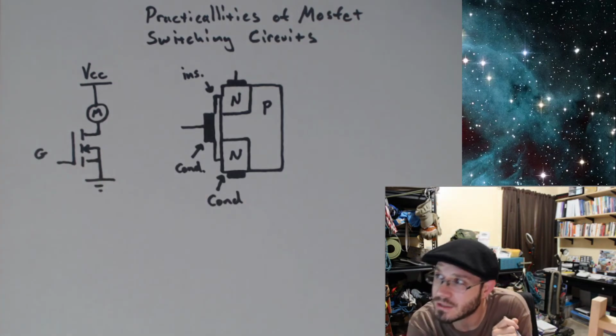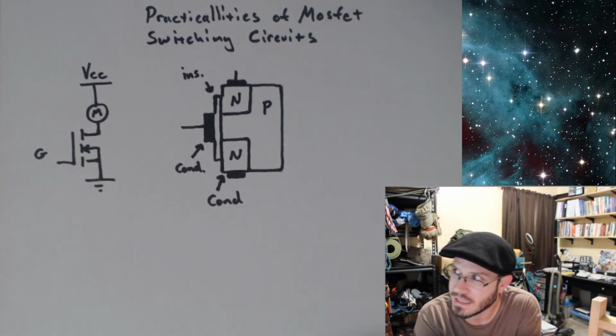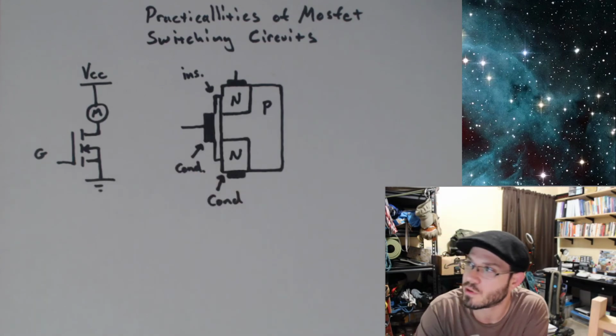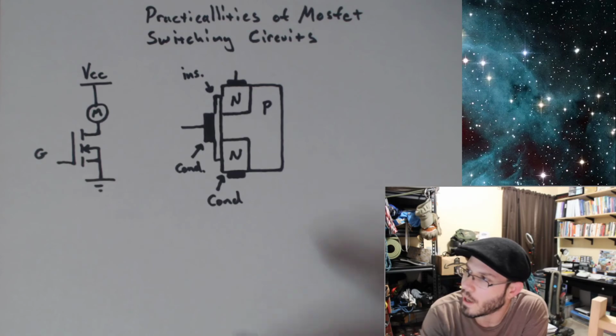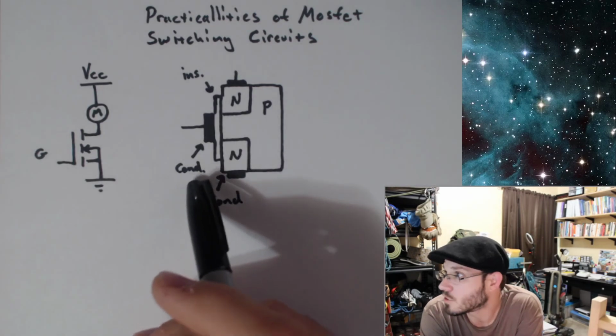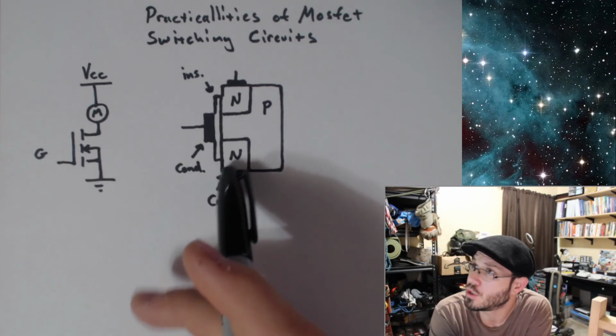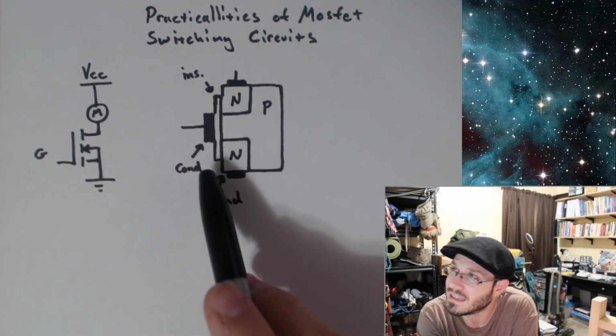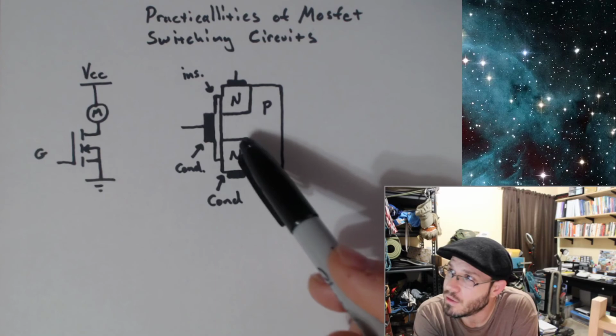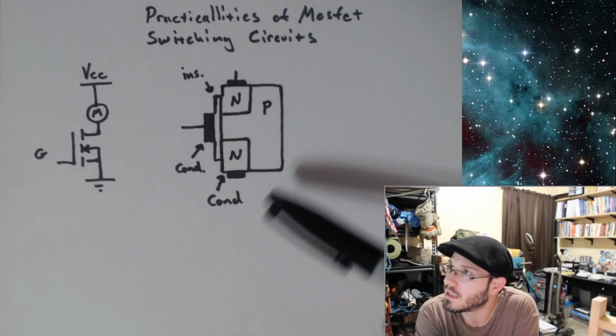That cannot be said for a BJT in a similar type switching application, because a BJT is going to use quite a bit more base current compared to the gate current that would be going into this device. And the reason for that is inherent in the construction.